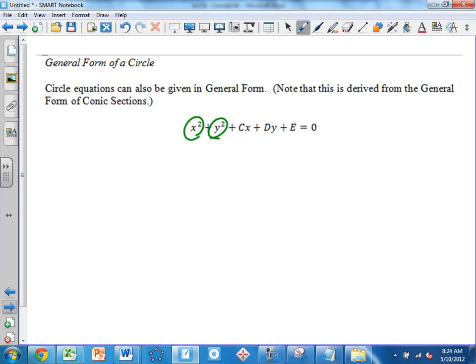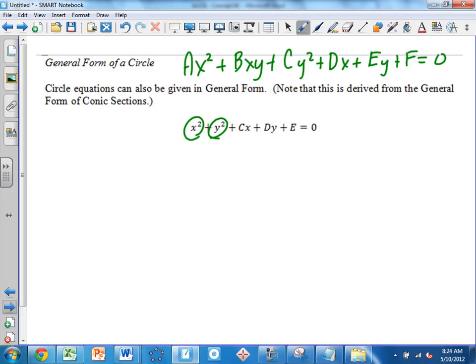So our standard form the other day was this. Remember that form from the other day? That was our general conic form. And we said that if it's an ellipse or a circle, the discriminant's negative.